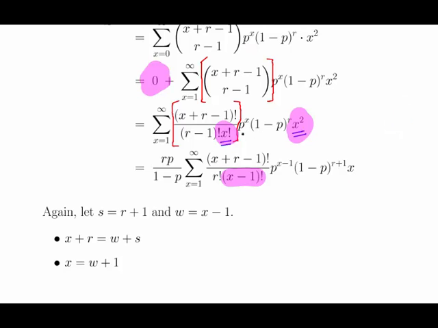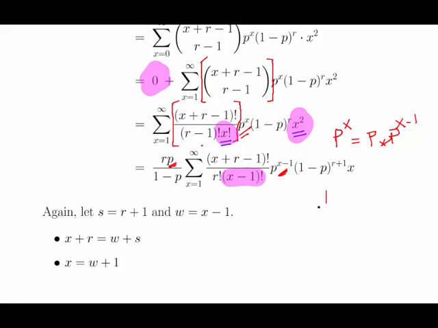I have p to the power of x, so that p to the power of x is p times p to the power of x minus 1. So I have p here and p to the power of x minus 1 here. Where does r come from?